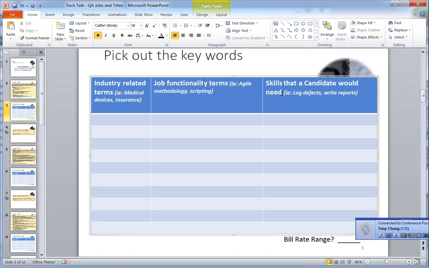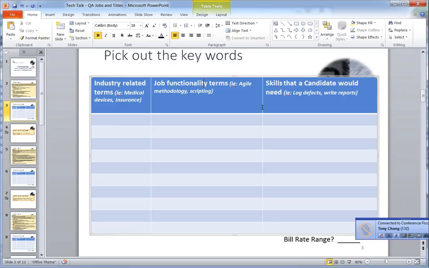Because this job order goes to the recruiter, and the recruiter is going to want to figure out which resumes line up to this job order. If we can help pick out those skills, that's different than job functionality. It could be the same, but for the most part, one is performing the action, the other is, I have this skill set. So it could be soft skills, it could be technical skills.